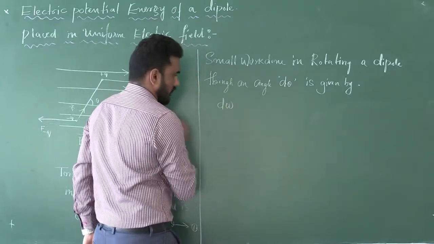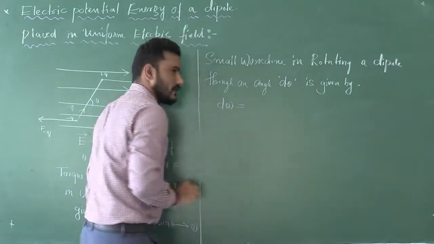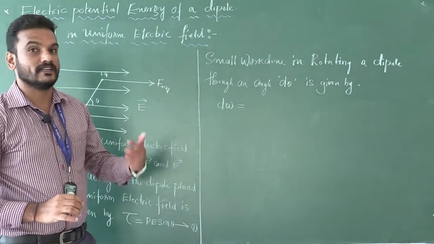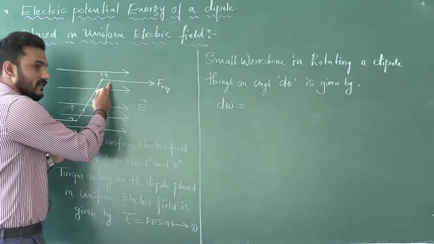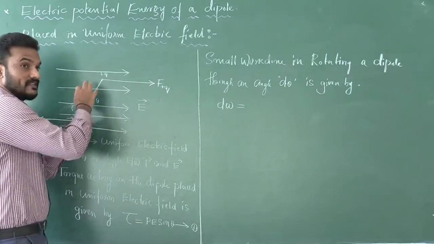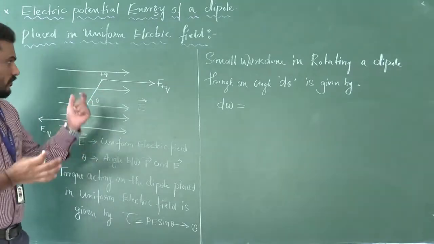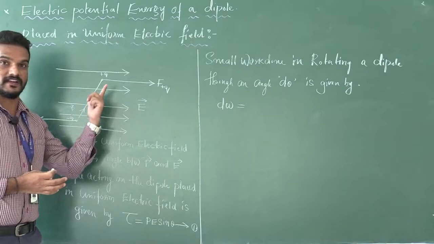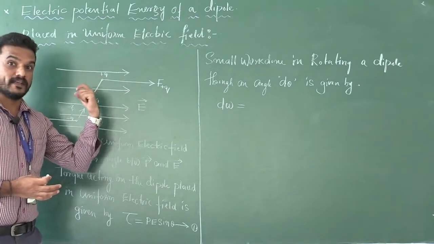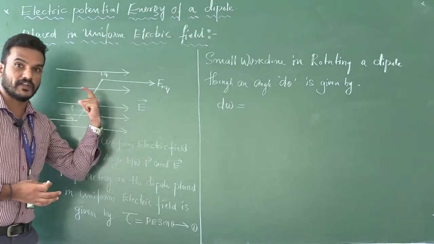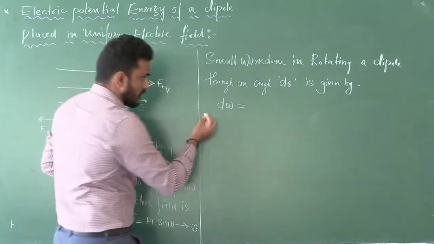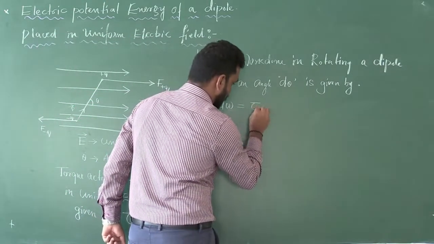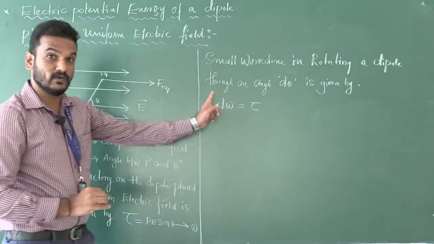Small amount of work done dW. What is the general equation for work done? Force into displacement. So here the total force or resultant force acting on the dipole is 0 when it is placed in a uniform electric field. But in the place of force, what do we have? Torque. Torque is nothing but twisting force. So in the place of force, I will write torque. So force into displacement.